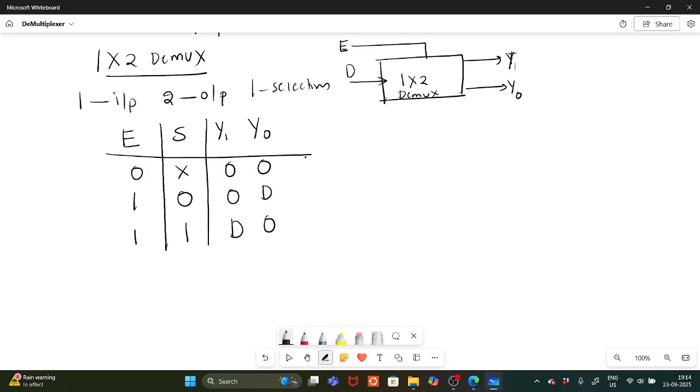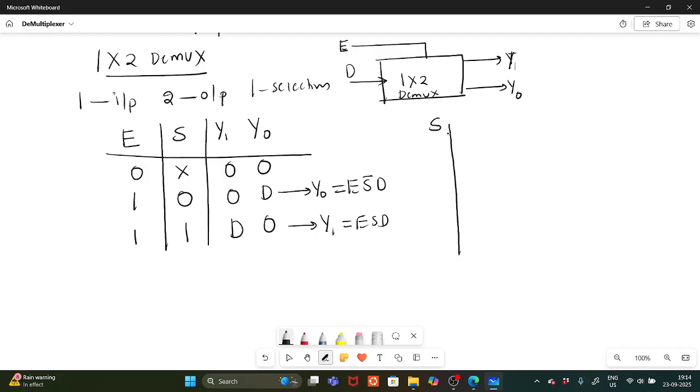From this I can get y0 equals enable S bar D, and y1 equals enable S D.